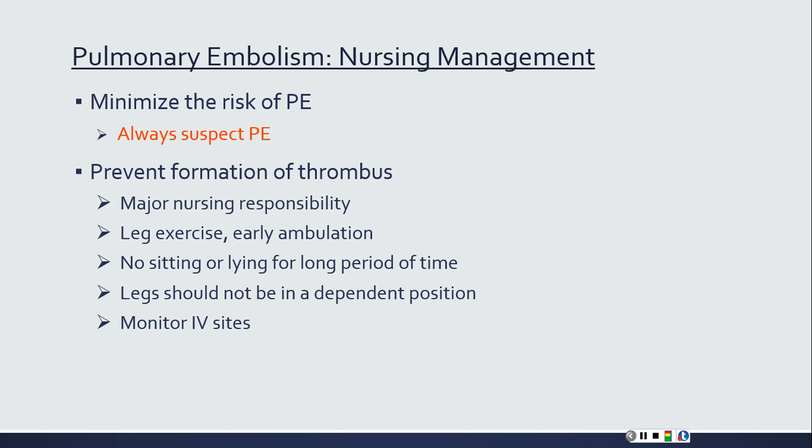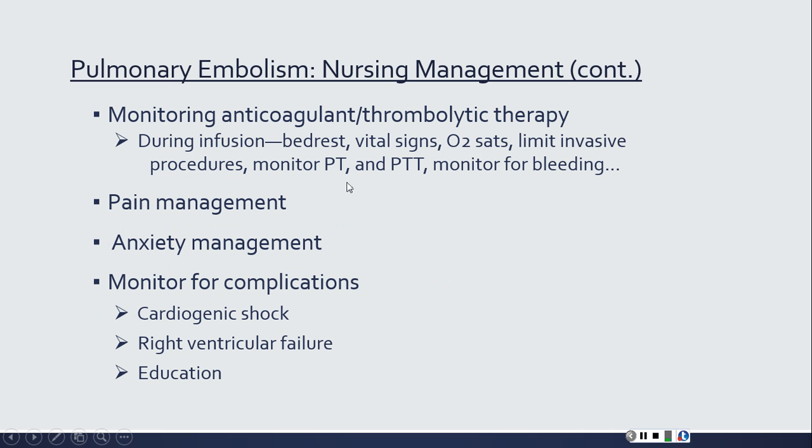All right. Let's see what we got here. Some other things we need to do: monitor anticoagulant for thrombolytic therapy during the infusion. The patient needs to be on bed rest. Now this is the anticoagulant thrombolytic therapy. Okay, bed rest, vital signs, oxygen sats, limit invasive procedures, monitor the PT and PTT, and then also monitor for bleeding.